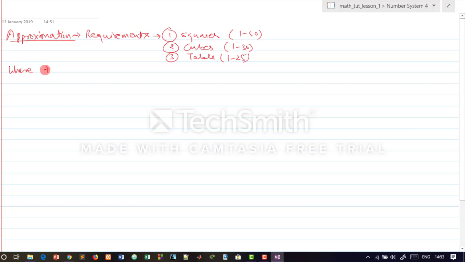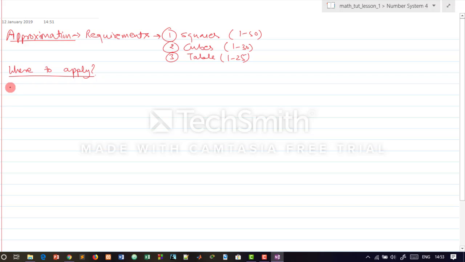Where to apply? We need approximation to do fast calculation. But we need to take care that it produces accurate results, not less accurate ones.